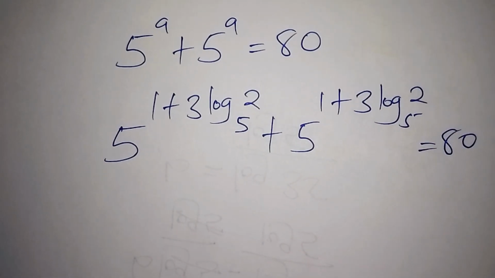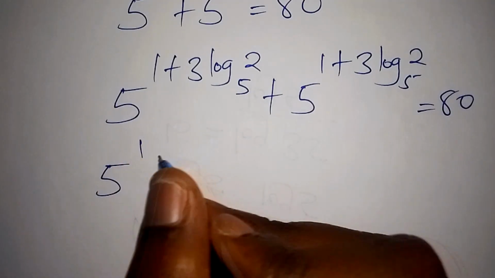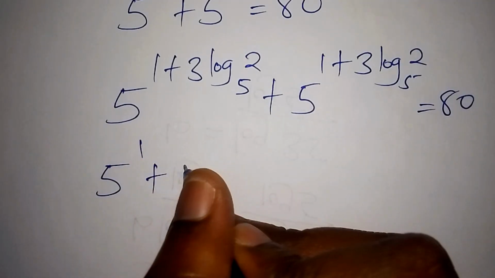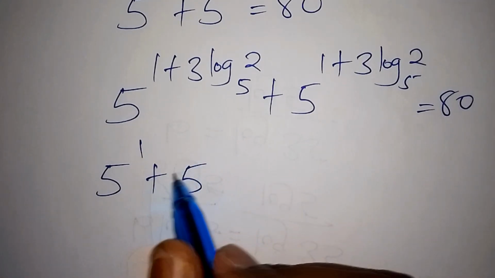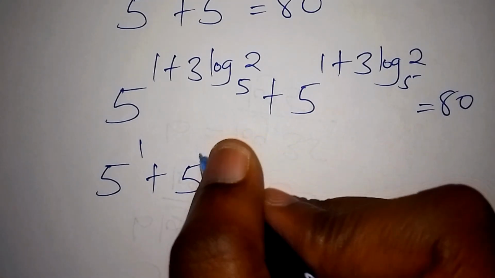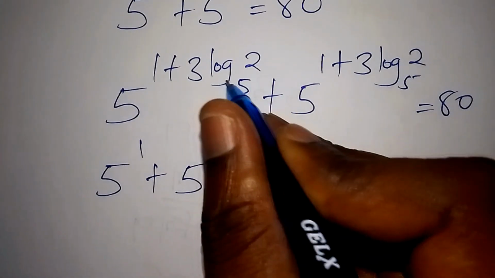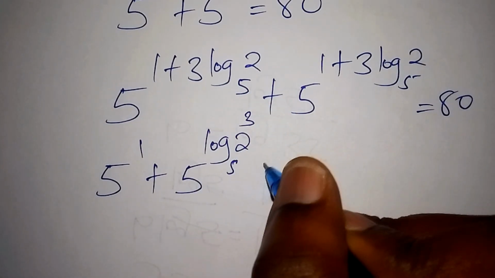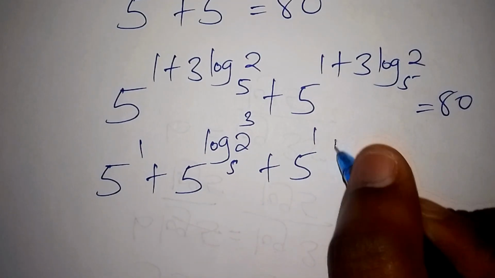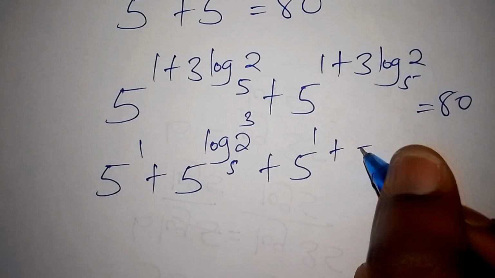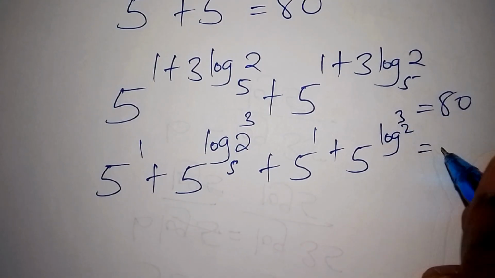So our next step: we shall have 5 to the power of 1, then plus 5 to the power of 1 plus the log of 2 to the power of 3 base 5, then also plus 5 to the power of 1 plus 5 to the log of 2 to the base of 3, is equal to 80.